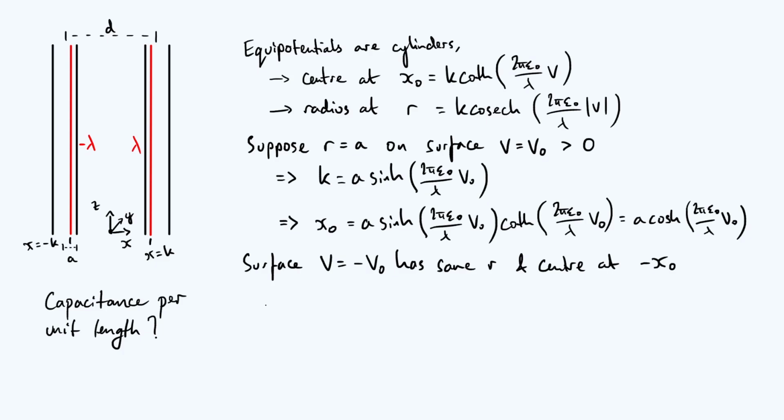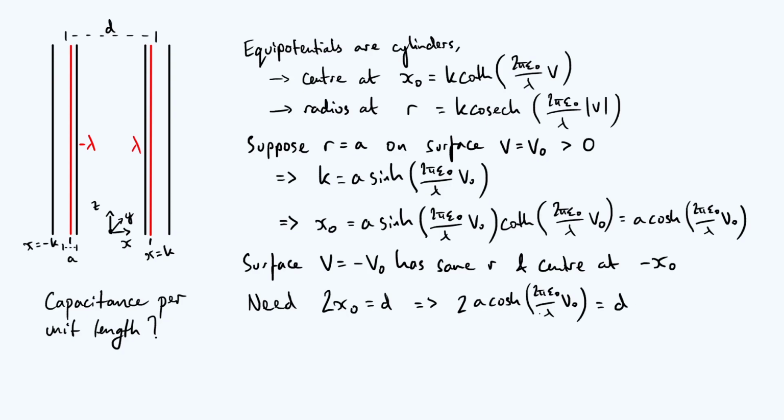But we know that the separation of the wires, the equipotential wires, was supposed to be d, right? That was one of the parameters of the original problem. And so we therefore need to choose our parameters such that 2x naught is equal to d, and therefore 2 times all of this, right? Let's make a note of this. So 2 times a cosh 2 pi epsilon naught over lambda v naught has to be set equal to d.